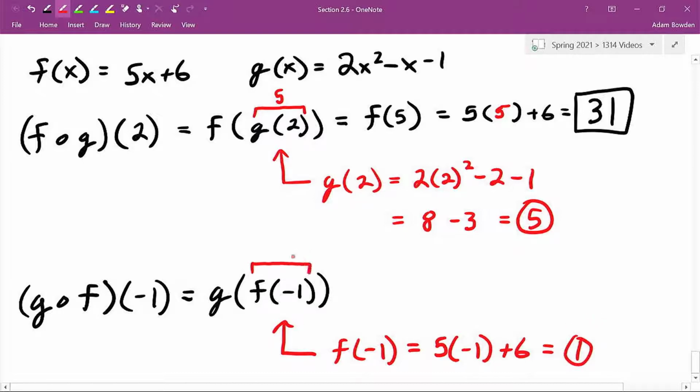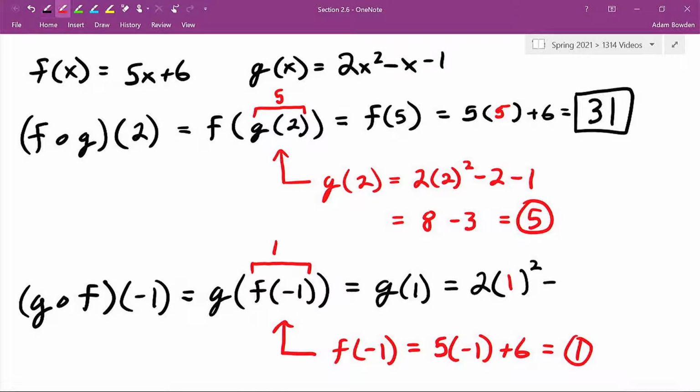So this f of negative 1 inside there can be changed over to a 1, and we can calculate g of 1. G of 1 would look like 2 times 1 squared minus 1 minus 1. And that's equal to just 0.